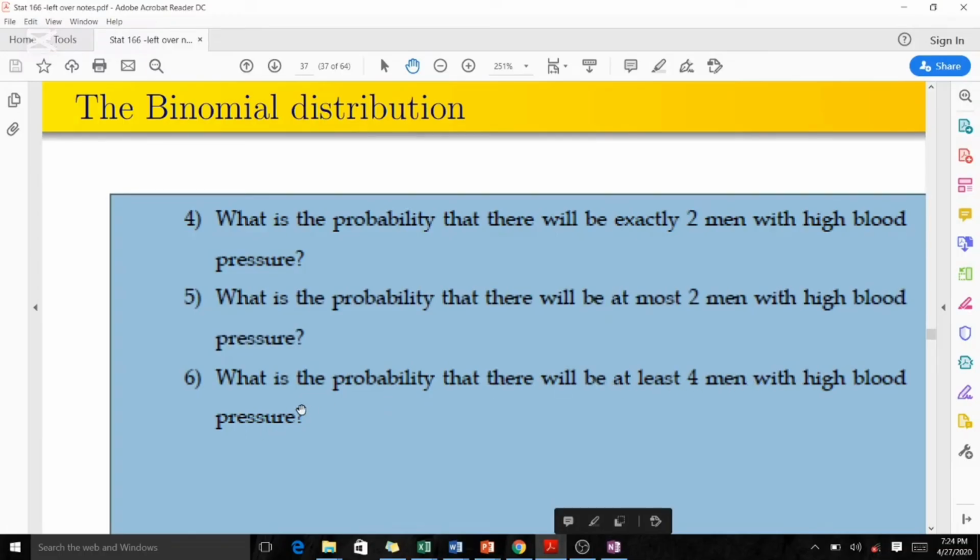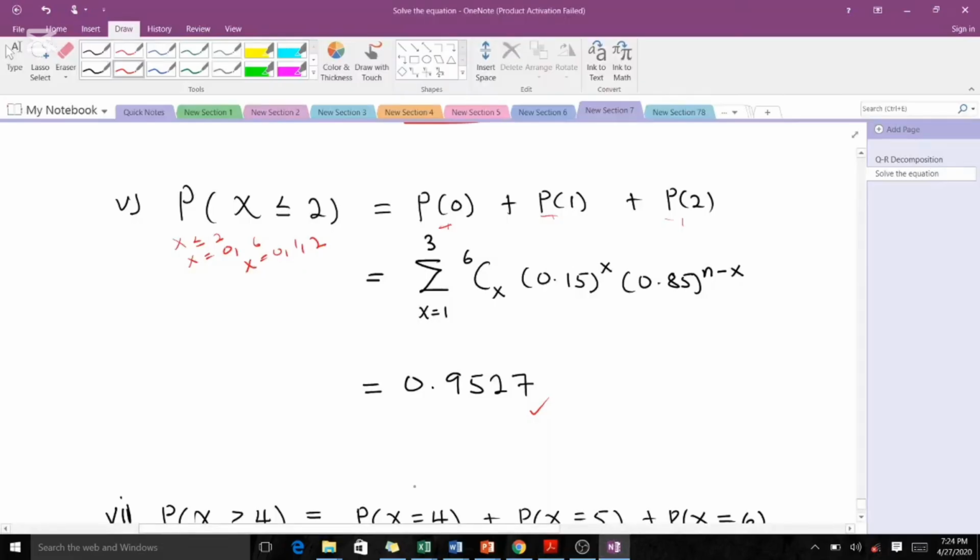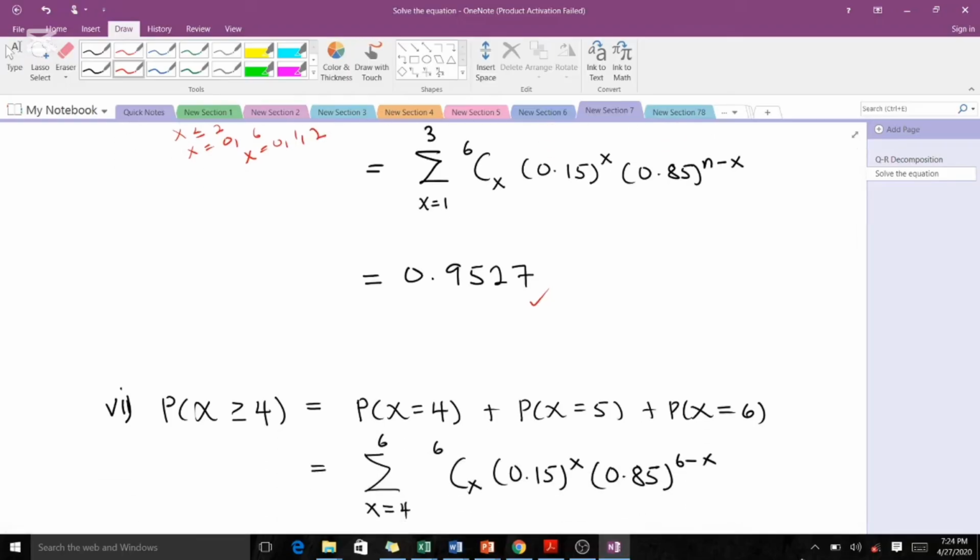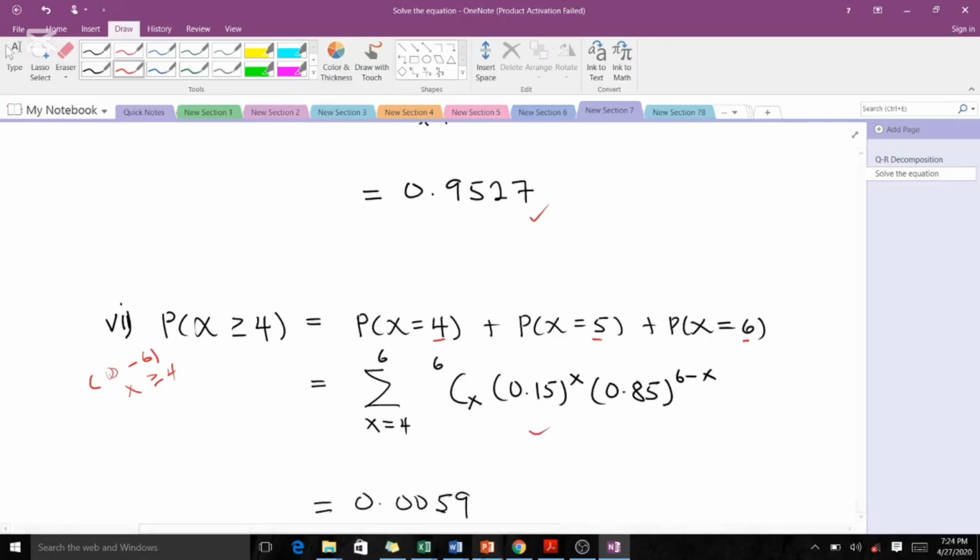So let's go to another question: what's the probability that there will be at least 4 men with high blood pressure? At least means 4 or more. In our range, x takes values from 0 to 6, and we are talking about x being greater than or equal to 4. So you can take 4, 5, 6. You can find the probability individually, or use this formula and compute.